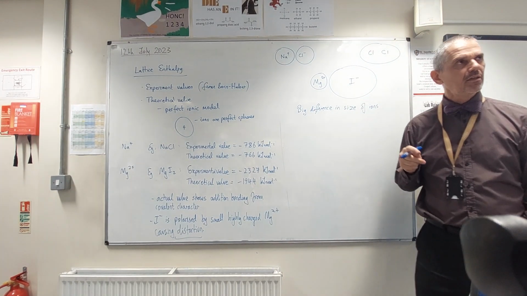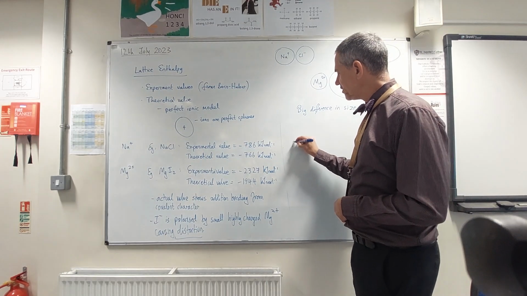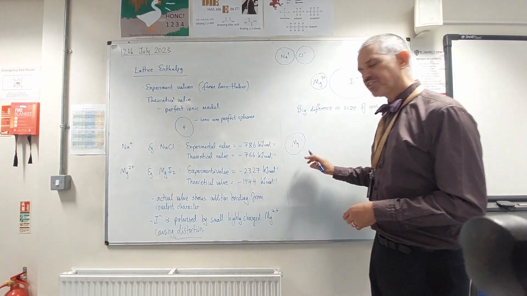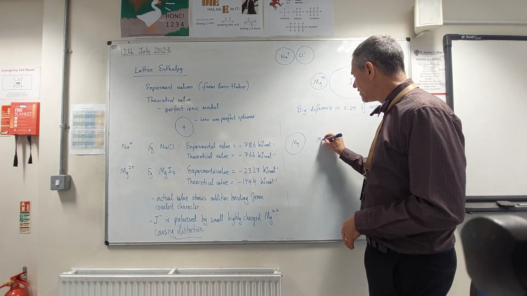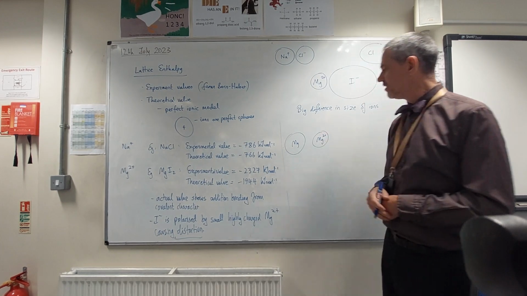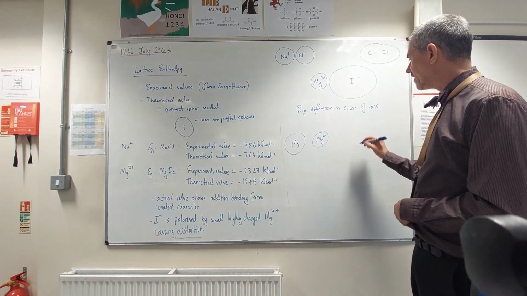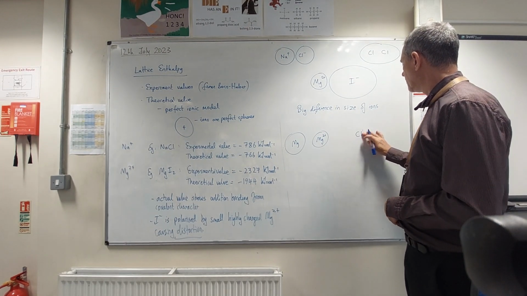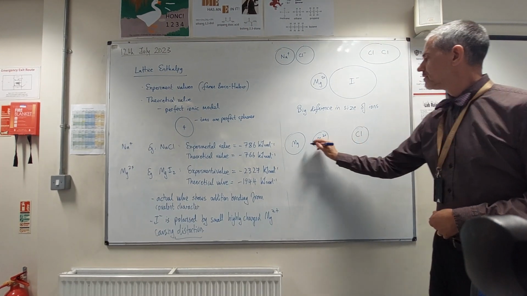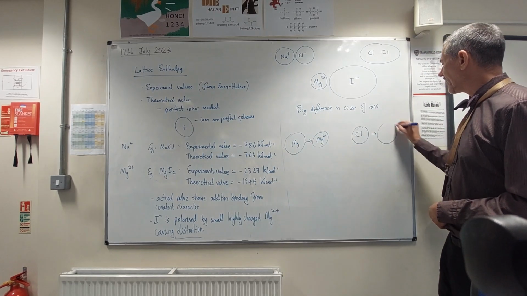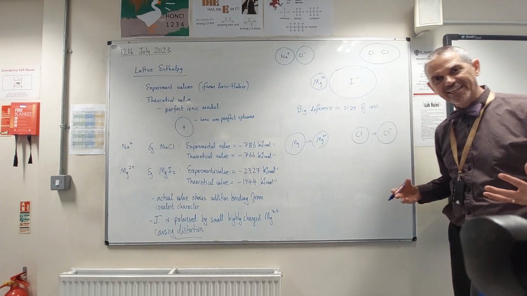And remember, if we start with an atom of magnesium, when we make it into a positive ion, it's going to get smaller because we've taken electrons away from it. Whereas if we had a negative ion, we're giving it an extra electron, which means the cloud gets slightly larger.